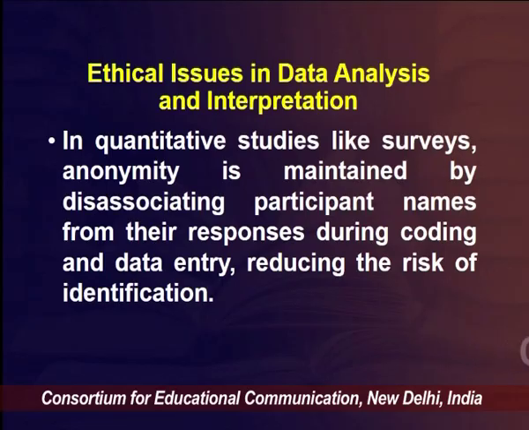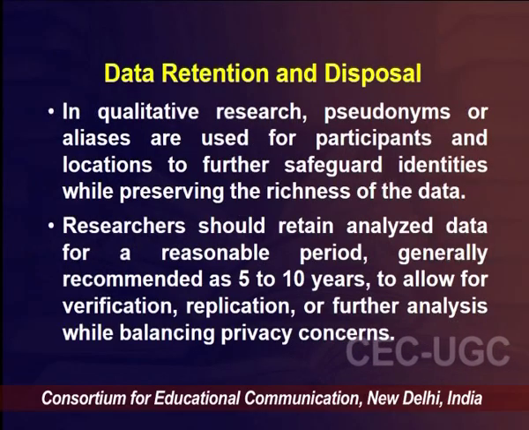Because a survey is on a large scale, the numbers are big. So, it is not possible to go by each and every individual's identity, and therefore certain variables are coded and then decoded. So, anonymity is automatically maintained in quantitative research.